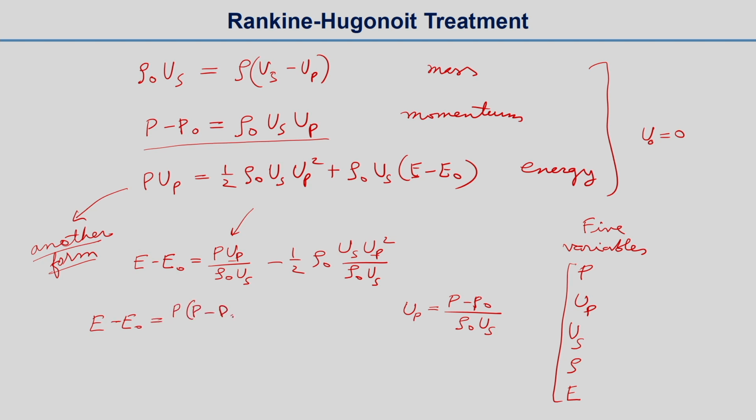E minus E naught equals (P minus P naught) P over rho naught square Us square, minus half of (P minus P naught) square divided by rho naught square Us square.